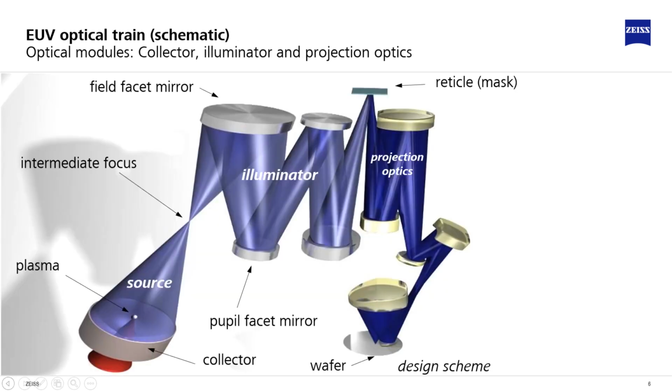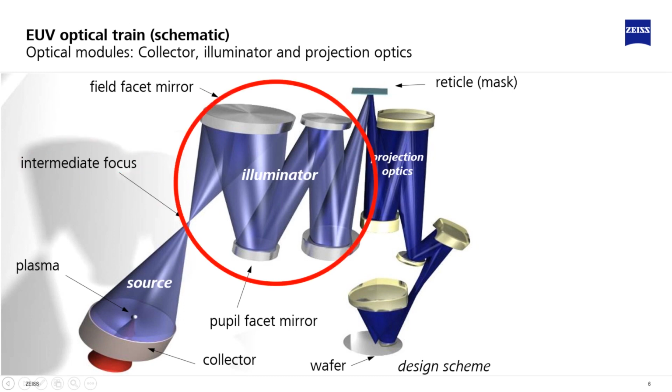These boundary conditions determine the layout for the optical train. The EUV optical system consists of the following optical modules: the collector of the source, the illuminator, the mask or reticle, and the projection optics. The EUV light is generated by a plasma source and is collected and focused by a collector onto the entrance of the illuminator, the so-called intermediate focus.